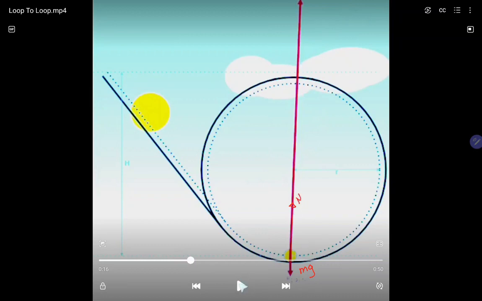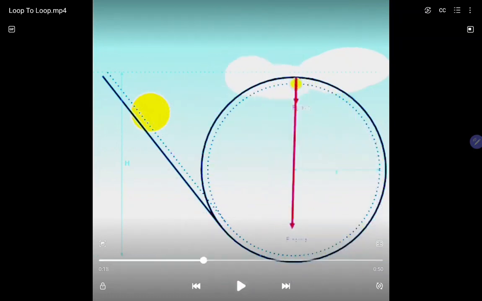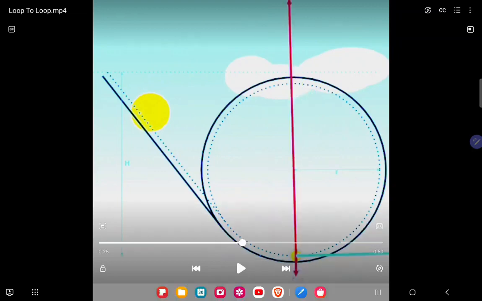At the top of the circular path, both the weight of the object, mg, and the normal force are directed downward to the center of the circular path. At the bottom of the circular path, the normal force is greater than the weight, mg.